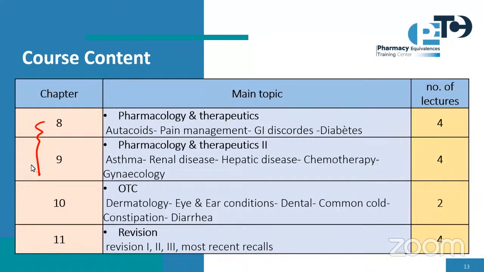We'll start with the autacoids, then pain management, rheumatoid arthritis, osteoarthritis, and gout, GI disorders, diabetes, then asthma, renal diseases, hepatic diseases, chemotherapy, and gynecology and contraceptives.